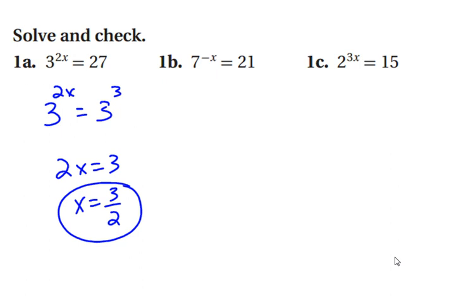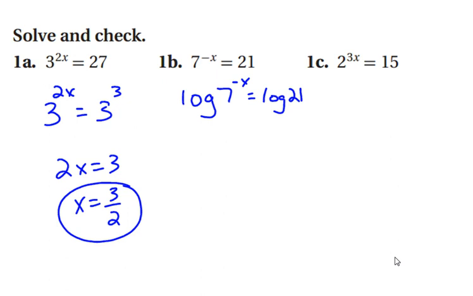Now here we have 7 to the negative x equals 21. Well, there's no way to write 21 as a power of 7. So we can't come up with the same base, but we can take the log of both sides. And when we do that, we get the log of 7 to the negative x equals the log of 21.